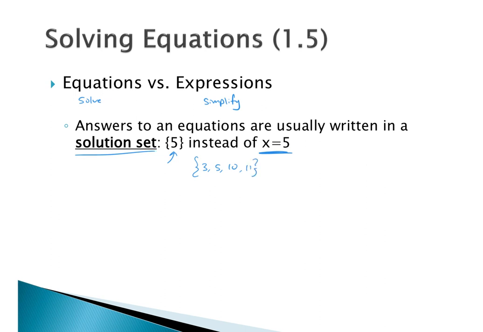And this is the solution set. These are all the possible answers for whatever problem I was given. So there'll be some times where it just says solve, in which case you can leave it as x equals 5. But then there will be other problems where it says to leave your answers in a solution set or written as a solution set, and that means they want it within the brackets. Both mean the same thing, just a different way of writing stuff.